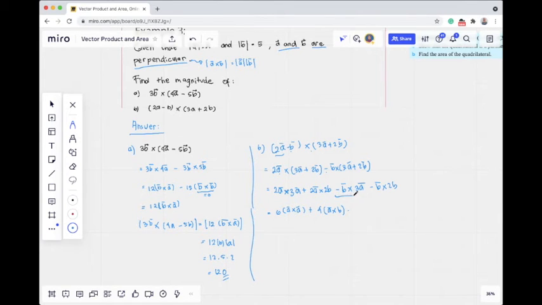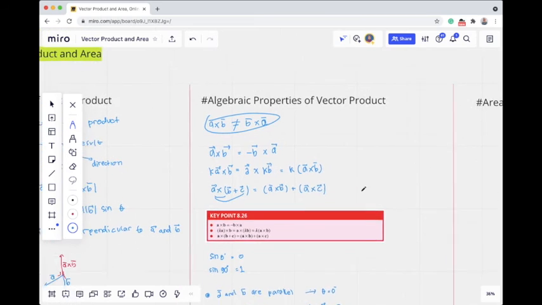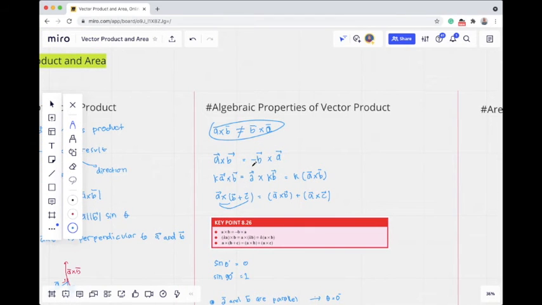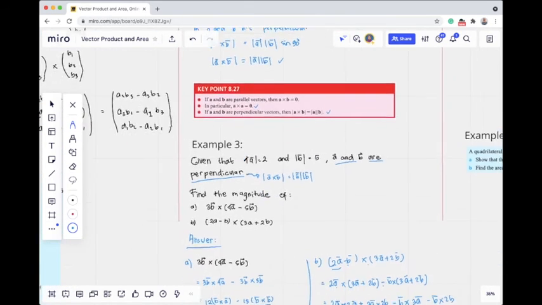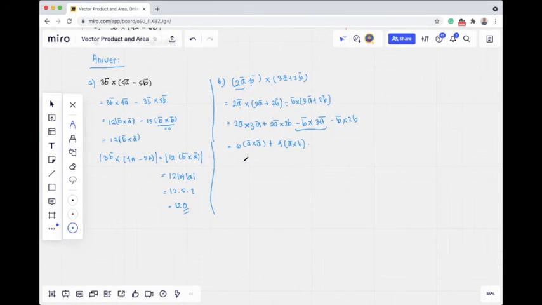Then remember here, minus vector b cross 3a, we use this rule. Minus vector b cross a can be written as a cross b, so I will write here plus 3a cross b.